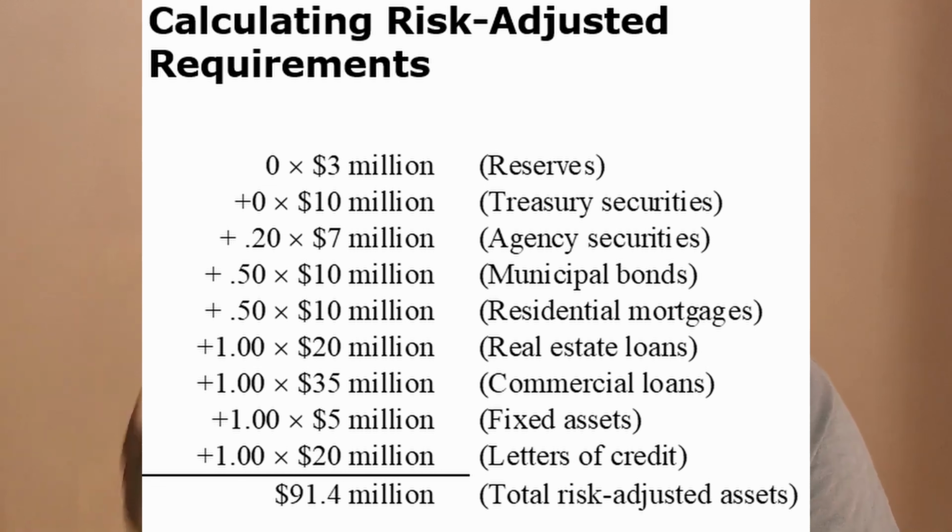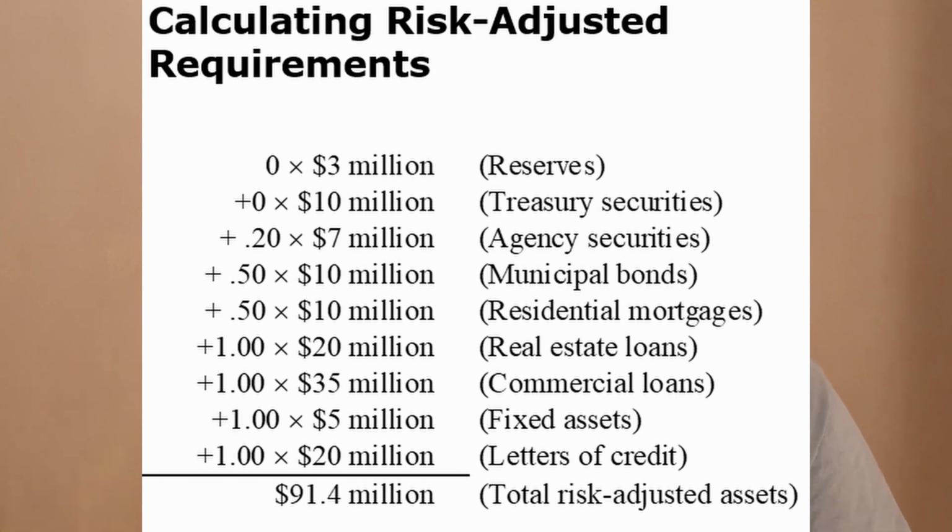So I'm going to show you something, and for now ignore the numbers. I'm going to use an example that we had last semester. Ignore the 3 million and the 10 million. What we're focusing on is the extreme right and the extreme left. The reserves that a bank has and the treasury securities are rated at 0, meaning you have the money basically.